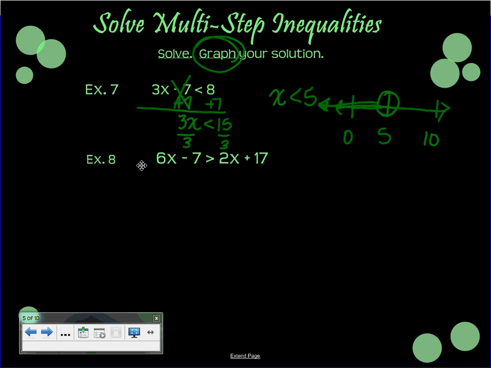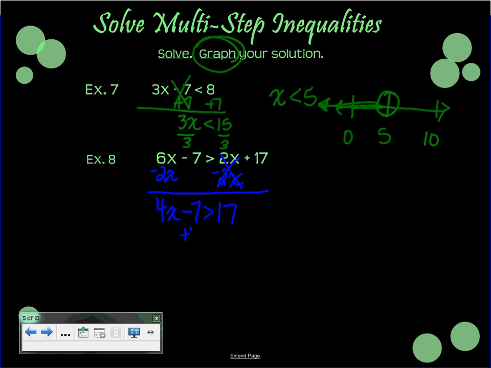All right. Now, the second example looks a little bit harder, but please know that you shouldn't be scared of it. I'm going to get my x's on one side, so I'm going to go ahead and subtract my 2x first. Always take care of the variables first, ladies and gentlemen. So 6x subtract 2x gives me 4x minus 7 is greater than, again, these cancel out, so I'm left with 17.